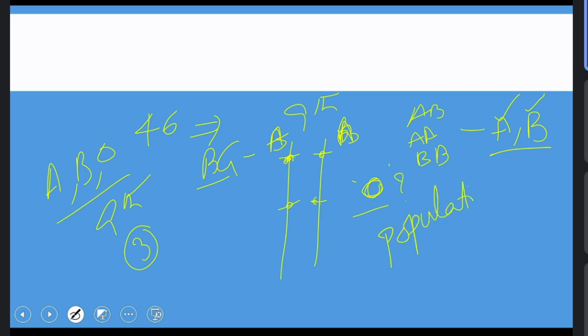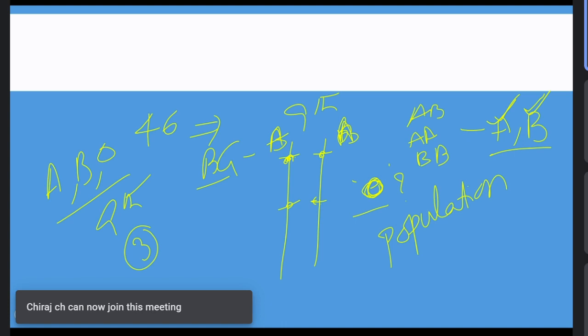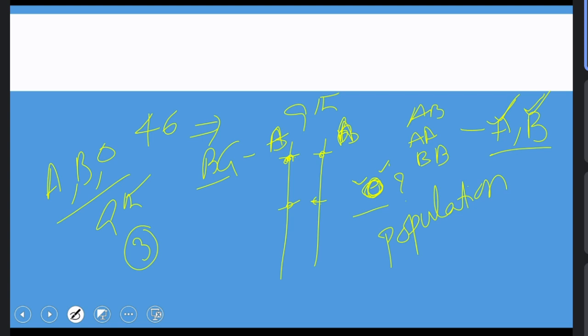So, I may contain A and B. I cannot contain the gene for O because I have only 2 loci. Then there is another person with O group, and that person contains the gene for O. Thus, when we speak about multiple alleles, we are calling them alleles.